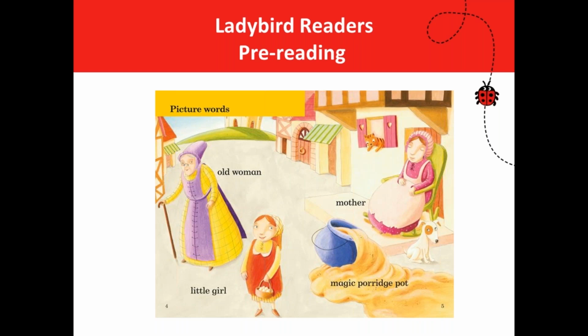It could be that you give a set of all of the picture words to children, and if you are reading the story out as you go along, what you can do is get them to hold those flashcards up. So if you've got flashcards for old woman, etc., whenever that word is used in the class, you can get them to hold it up to understand that they really know what that word means.